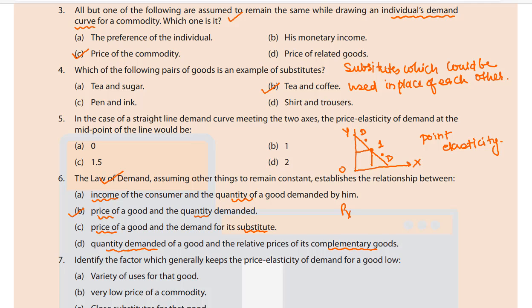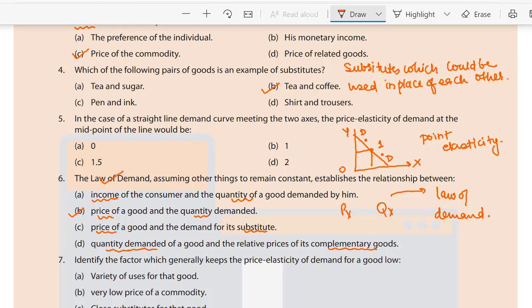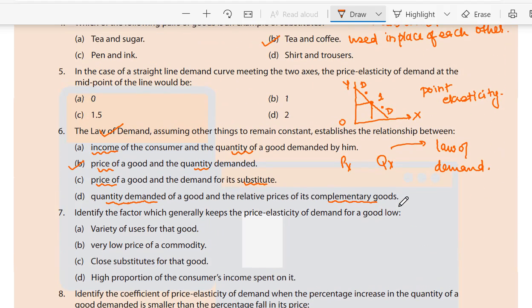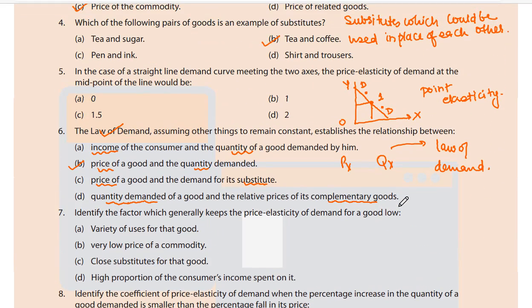P of X and Q of X. Price of good X in relation to quantity demanded of good X. This relationship is known as the law of demand. The goods in question do not change. Let us move ahead.